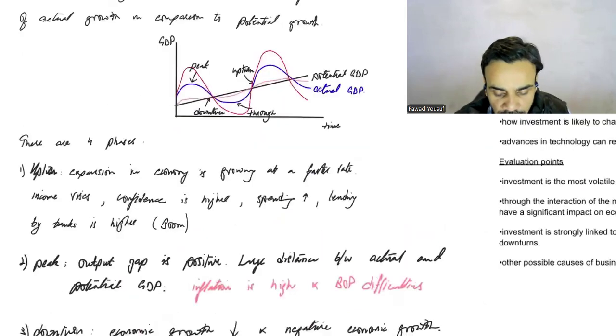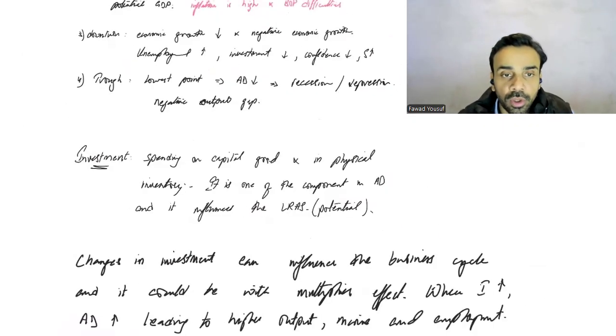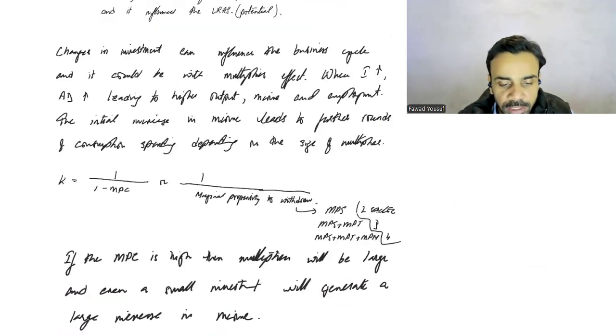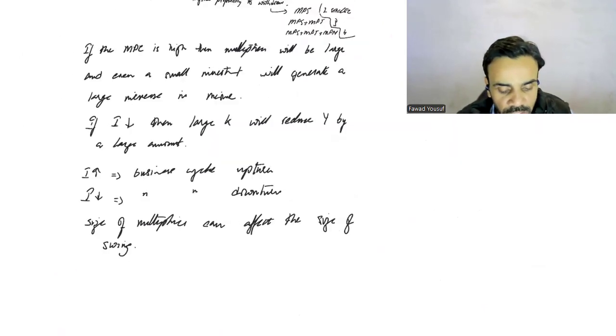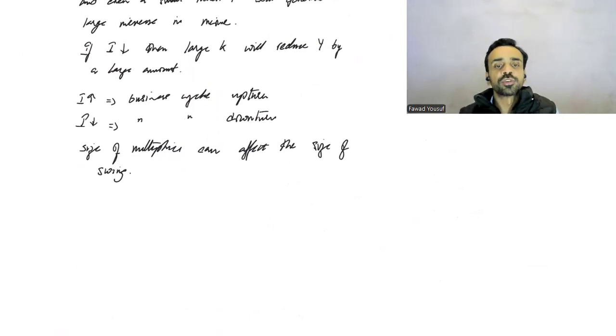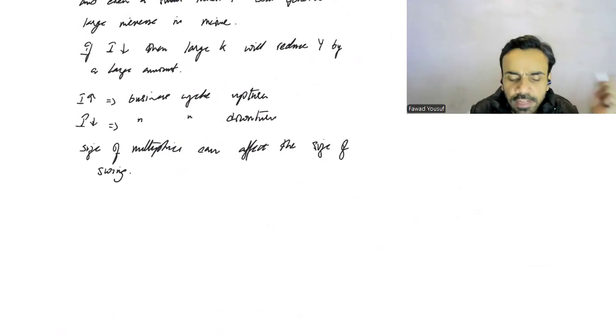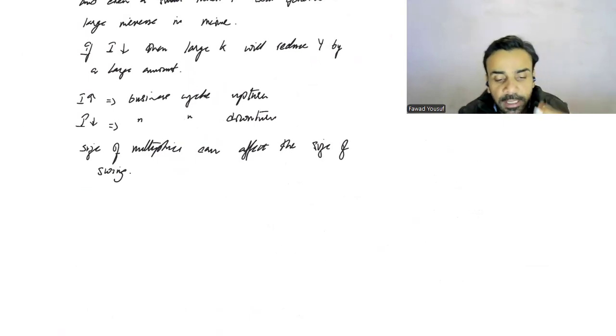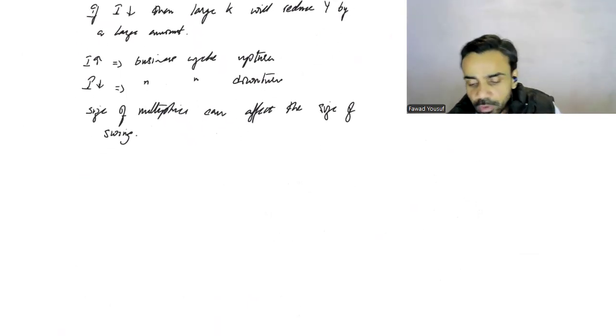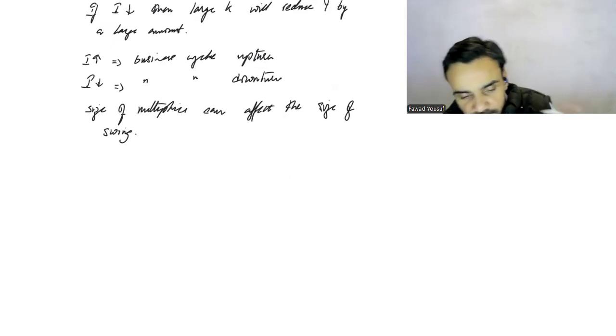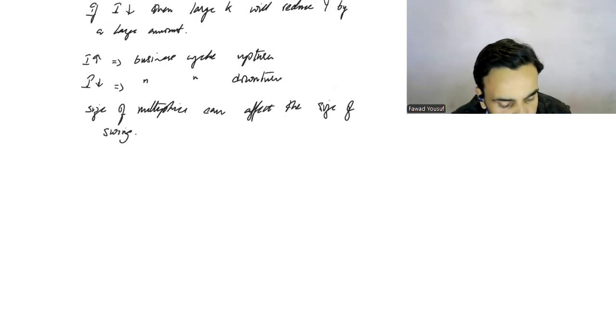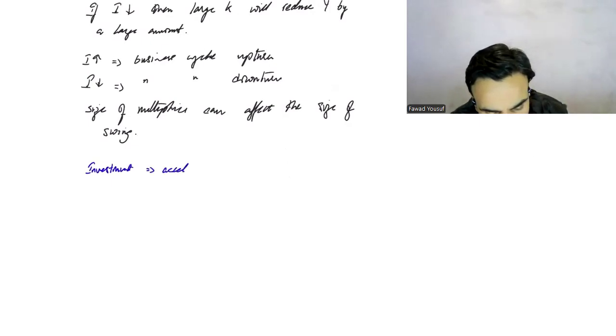So based on the question, I think we've done a reasonably good job by explaining कि क्या क्या इसके अंदर elements हैं. इसमें obviously multiplier के साथ we have made the connection, but that should not be enough. इन्वेस्टमेंट की जब हमने बात की है कि investment can create multiplier effects, और how else investment can affect the business cycle, तो इसके अंदर we talk about the second thing that I think we should always talk about, which is the investment की एक थ्योरी है जिसको हम कहते हैं accelerator theory.